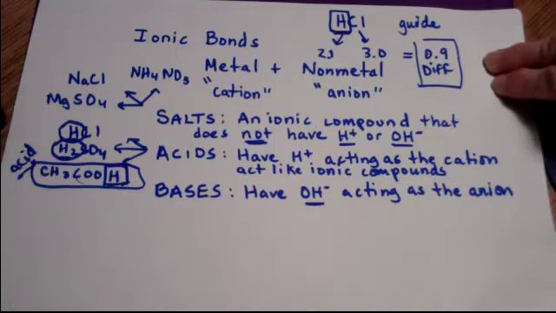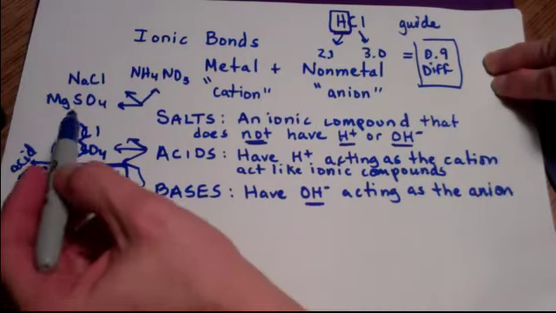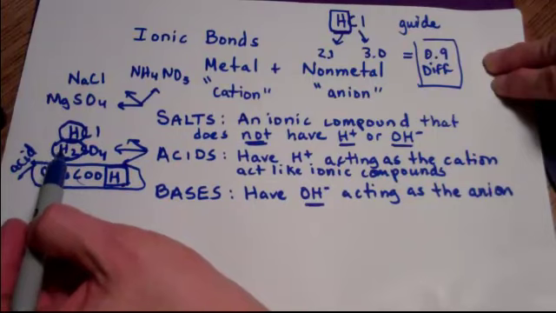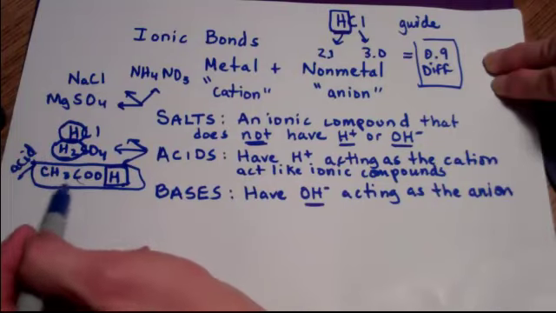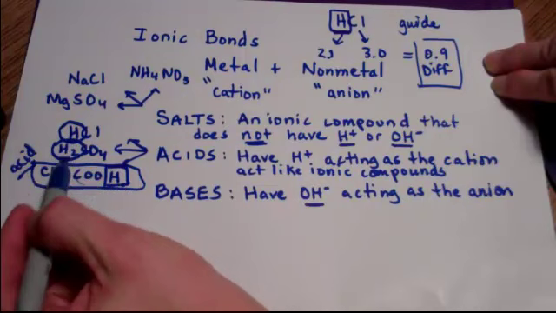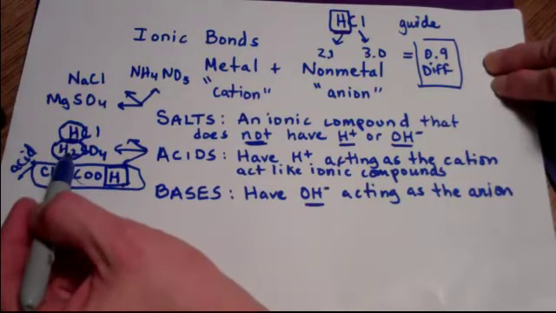So hydrogen can behave like a covalent molecule. It can also behave like an ionic molecule. When it's written in the cation position, it's going to behave like an ionic molecule, except for acetic acid. This is the one you have to remember. All other times, when it's behaving like an ionic molecule, it's placed in the cation position.